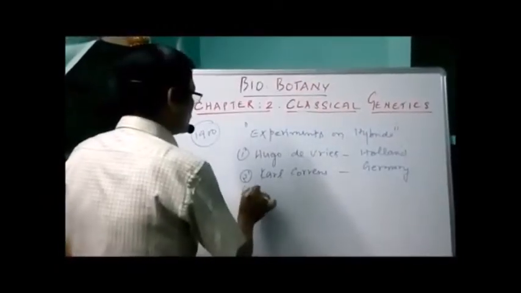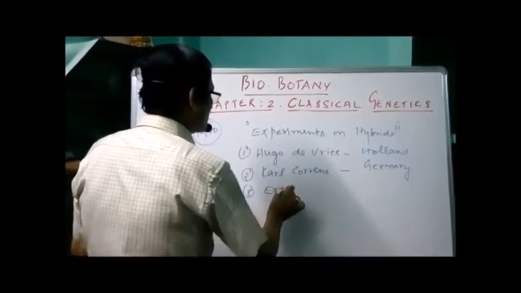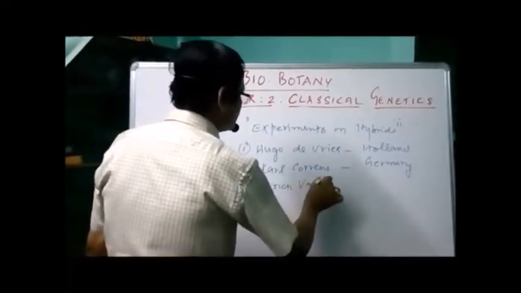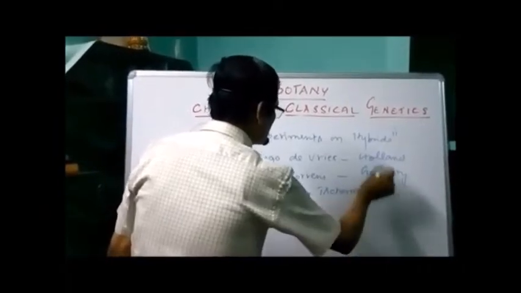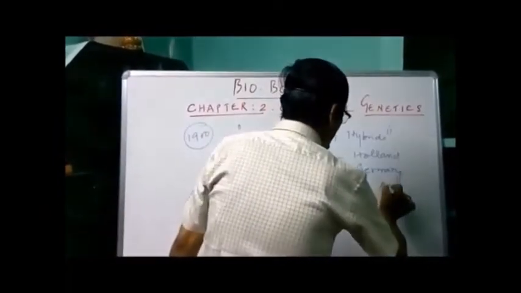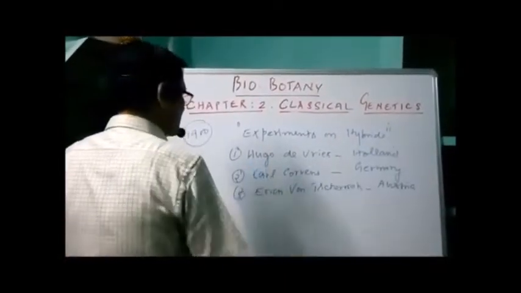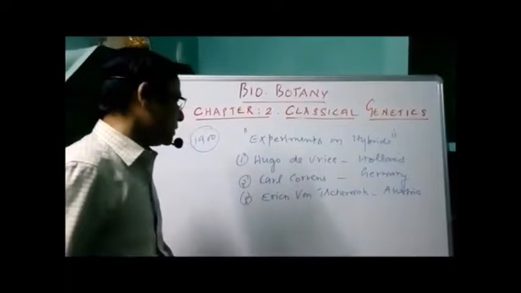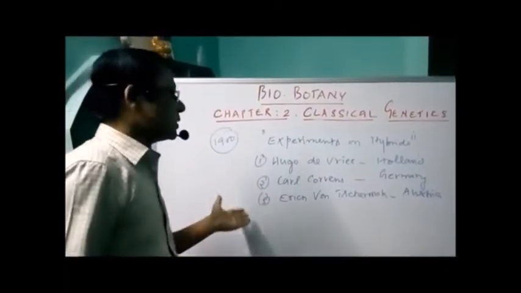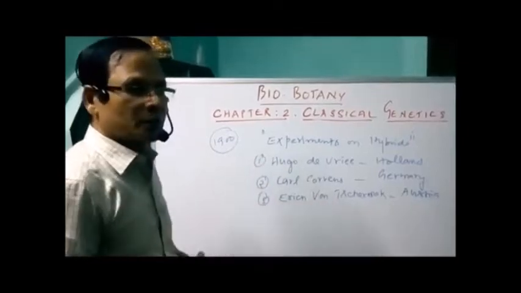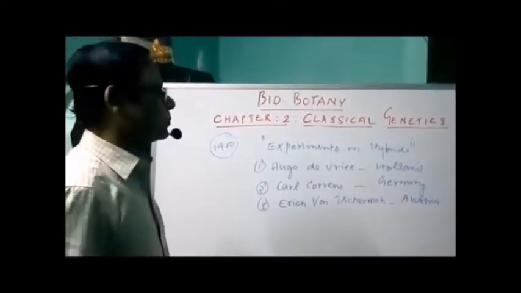Then the third one, Erich von Tschermak, who belongs to Austria. Karl Correns, Germany; Erich von Tschermak, Austria. These were the three people who rediscovered Mendel's principles and exposed them to the public.